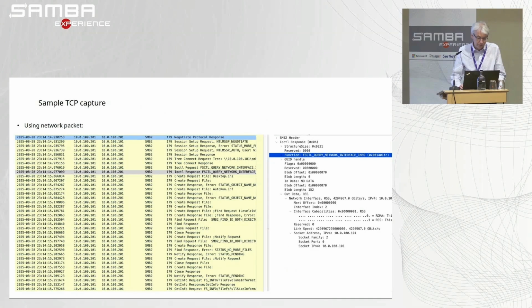And so this is what it looks like when we reply to the query interface from the client. You see it's basically empty. We just give back a single network interface with a single IP address.